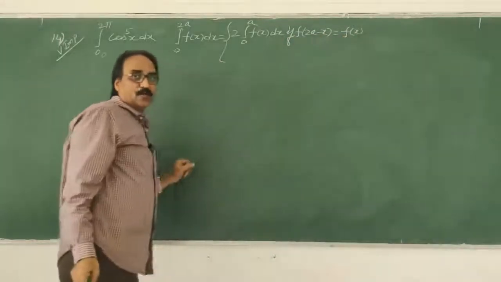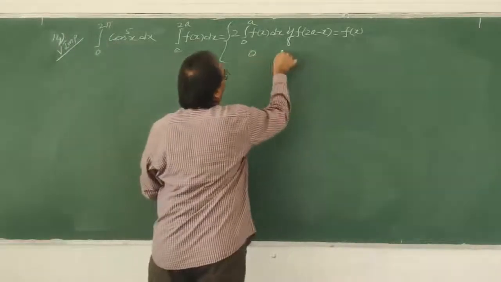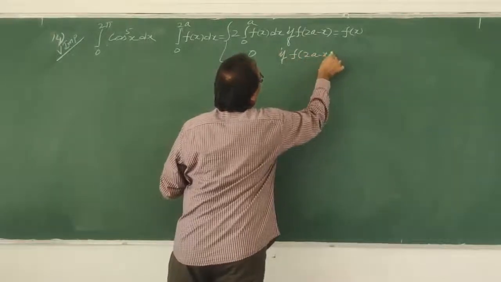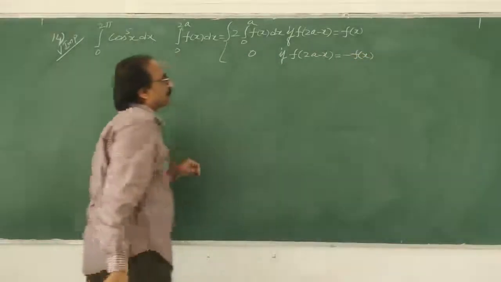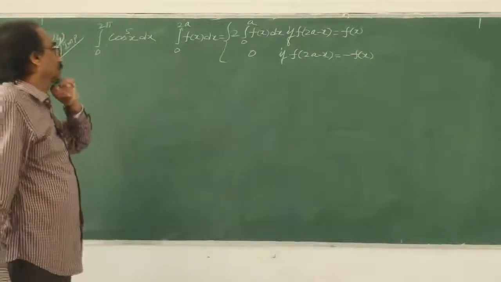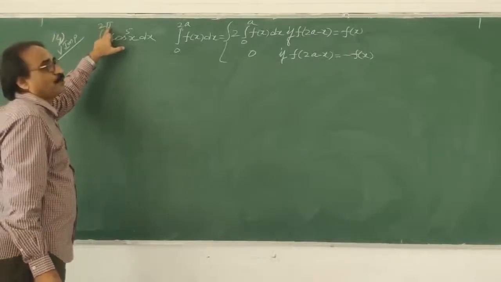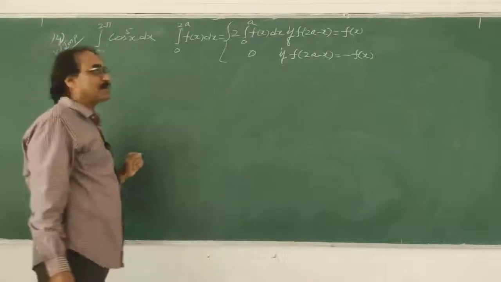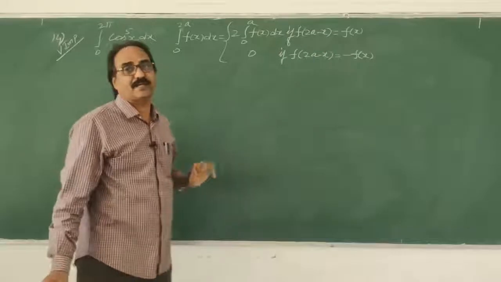P6 I think. Total 7 properties are there, no? And 0 if f of 2a minus x is equal to minus f of x. So this is the property. By seeing the limits 0 to 2 pi, this is 0 to 2a, immediately I got it. So now what you have to check? f of 2a minus x is equal to f of x or minus f of x, you have to check.